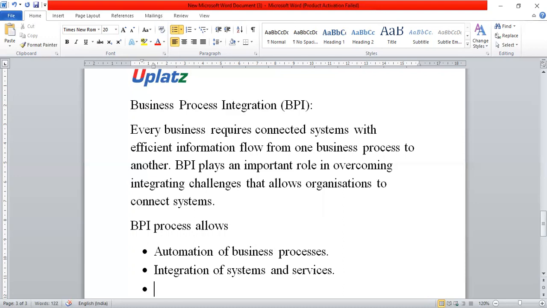Next advantage is secure sharing of data across different departments.